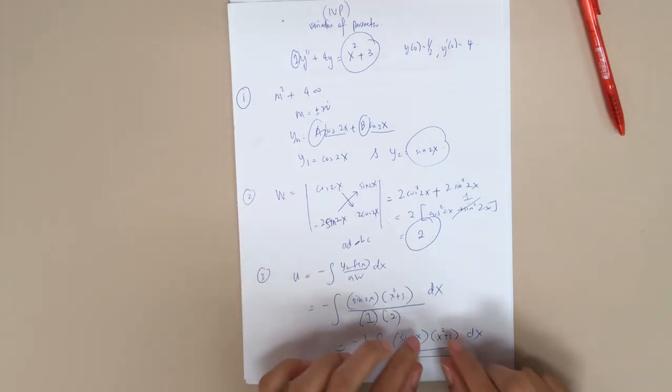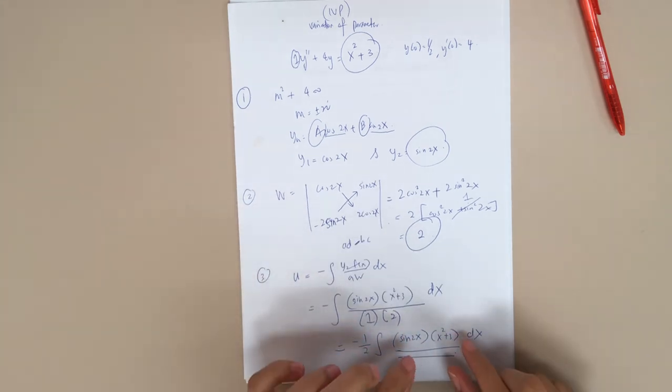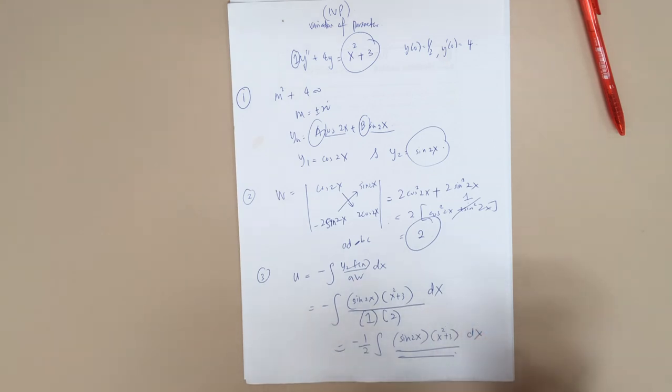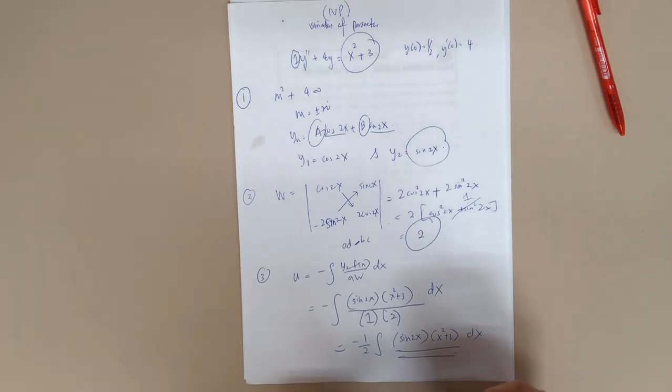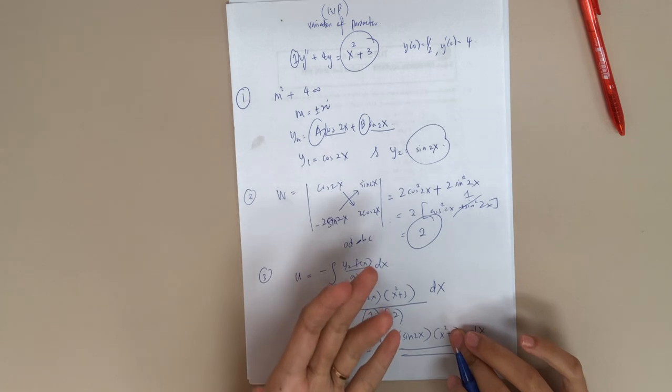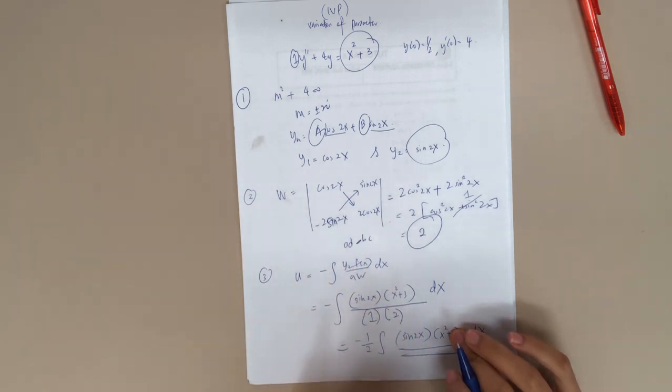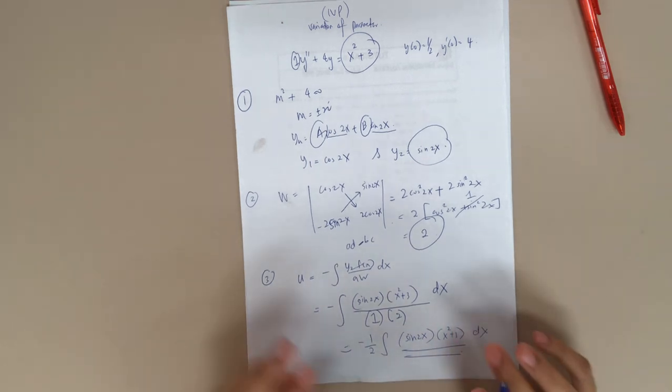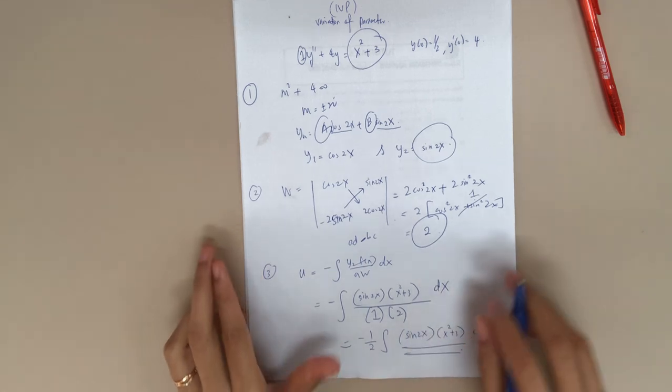So you cannot simply integrate directly, just like differentiation, where you cannot differentiate directly because there are two of them. You need to use the product rule. The same goes for integration: there is a specific rule that you need to use to solve this type of question.